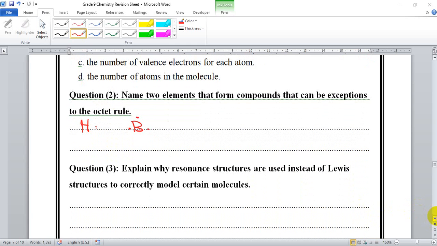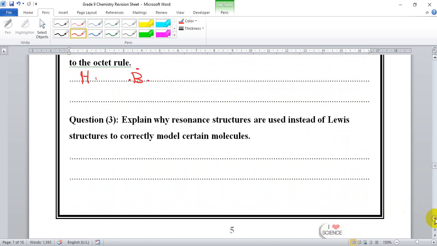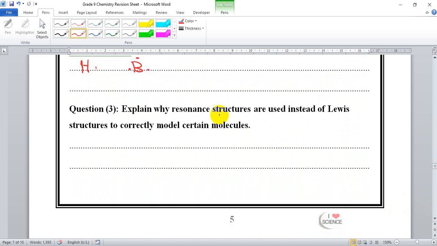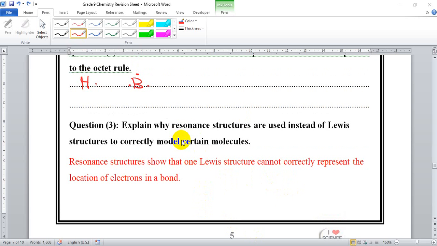Question number 3. Explain why resonance structures are used instead of a Lewis structure to correctly model certain molecules. Why? Because one Lewis structure cannot correctly represent the location of electrons in a bond.